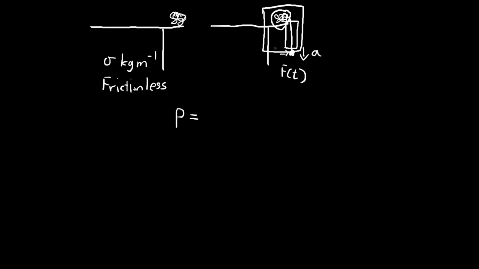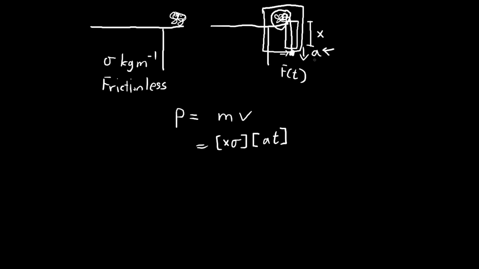Momentum is equal to mass times velocity. And what is the mass of the moving part? Well, let me just let the length of the moving part be x. So mass is equal to x times its density. With velocity, since we're being told that it's being accelerated at a constant rate of a, the velocity is just acceleration times time.